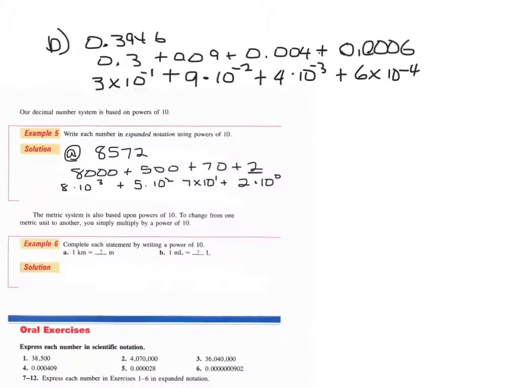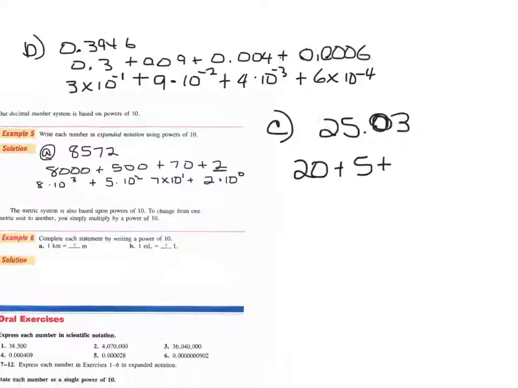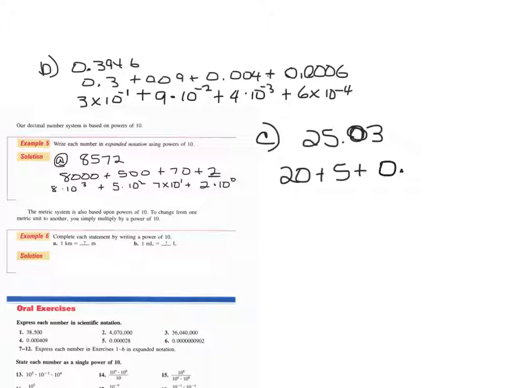Then for part C, it's a combination of both. So 25 and 3/100ths. Again, if I expand this, it would become 20 plus 5 plus 0/10ths, and then the 3/100ths.